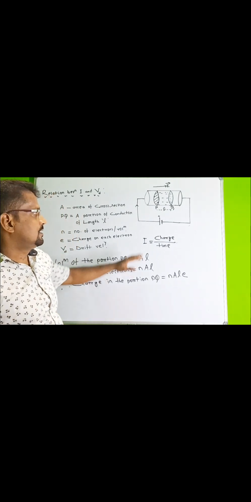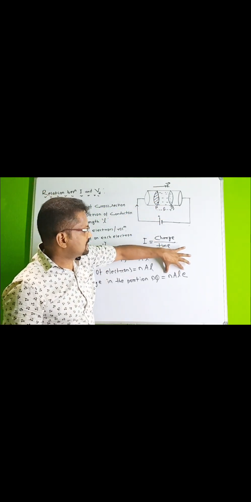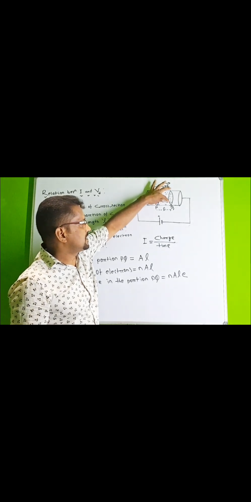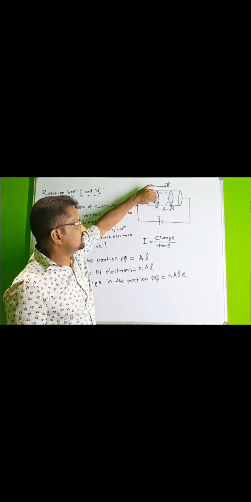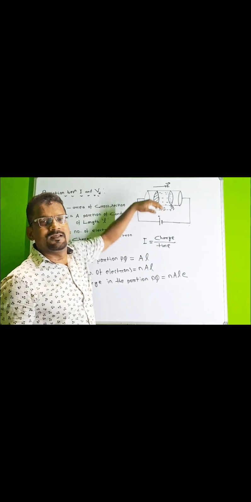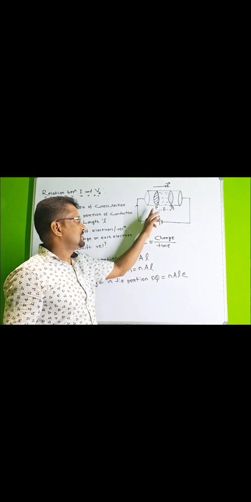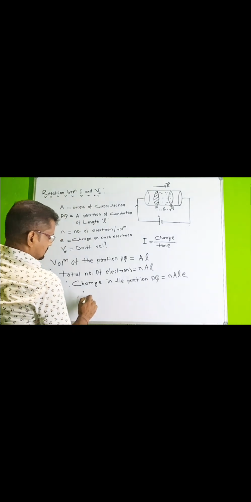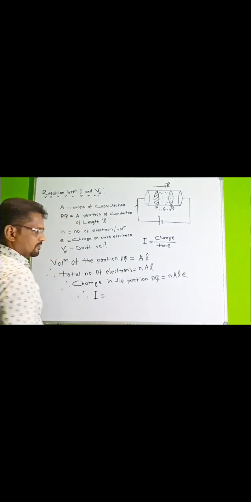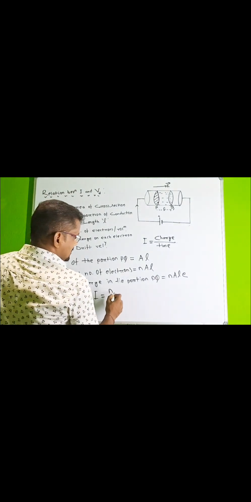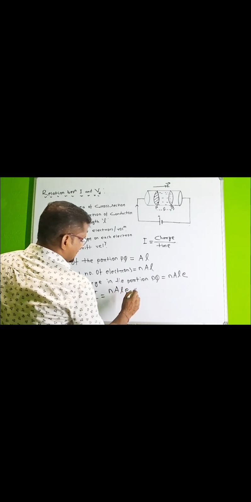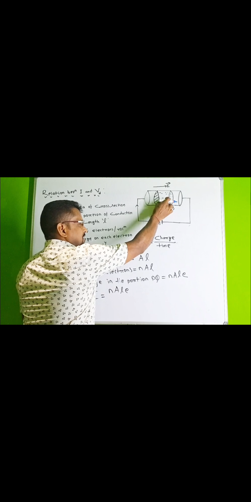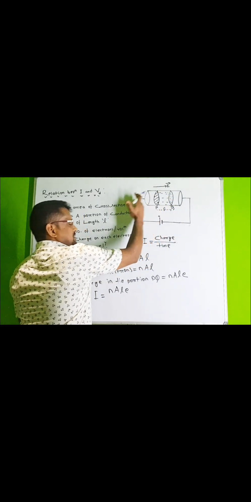Now you see, say right now this amount of charge is present here. Say it takes t seconds to cross this cross-sectional area. That means in time t seconds, it passed through this. Therefore, current I will be equal to nALe, the total amount of charge present inside this, and in t seconds it crosses this part.